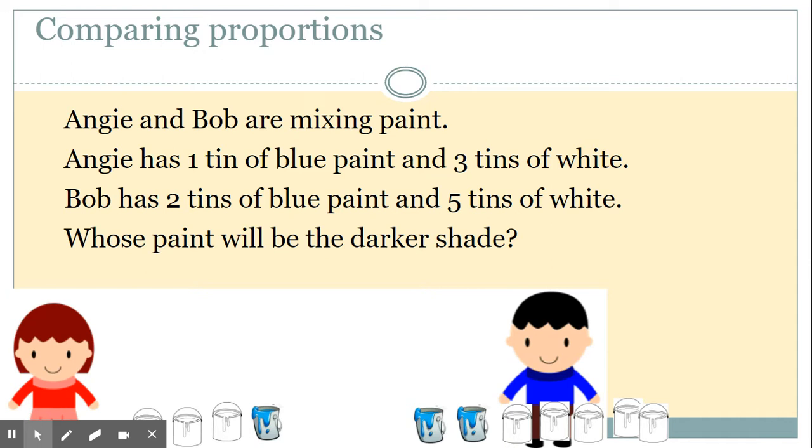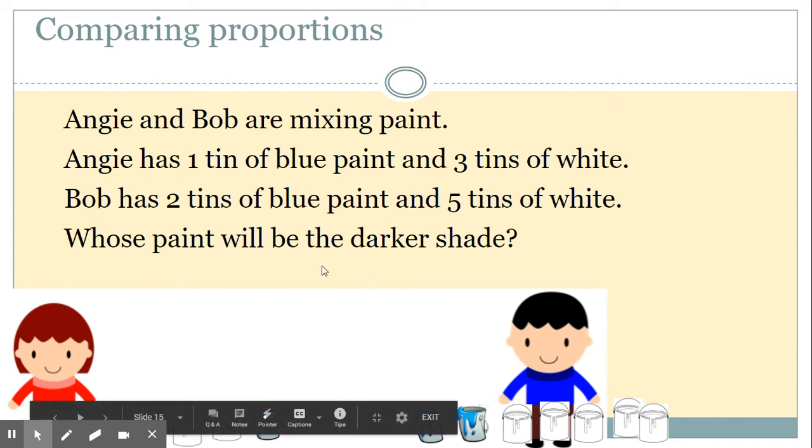So 1 in 4 is blue for Angie, and for Bob 2 in 7 are blue. Whoever has got the bigger proportion of blue, that person will have the darker shade.